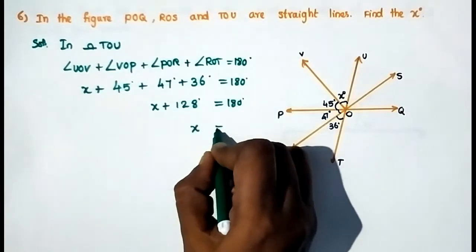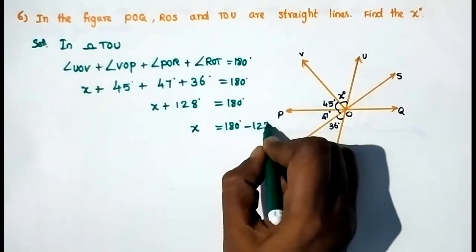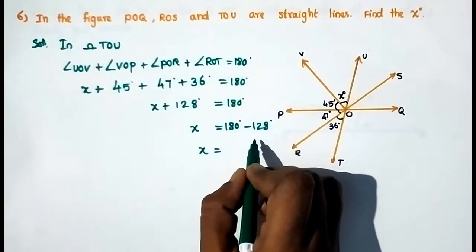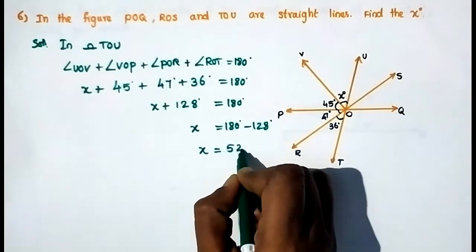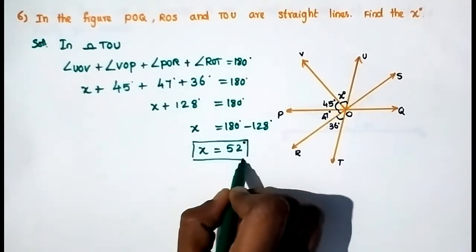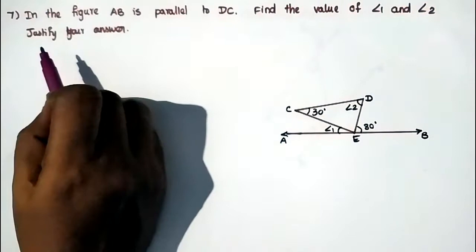So x equal to 180 minus 128, that is 52 degrees. So the value of x is 52 degrees. That is the answer.